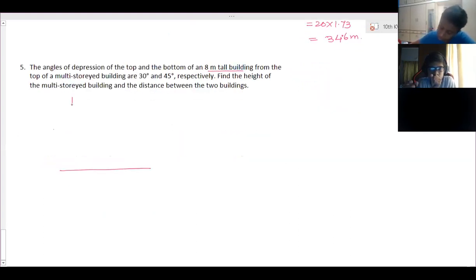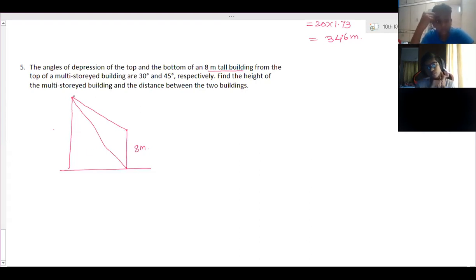This is a multi-story building. It should have more height, and this is an 8-meter tall building. This building's top and bottom are at depression from the top of this building. So depression is the angle made with the horizontal line.